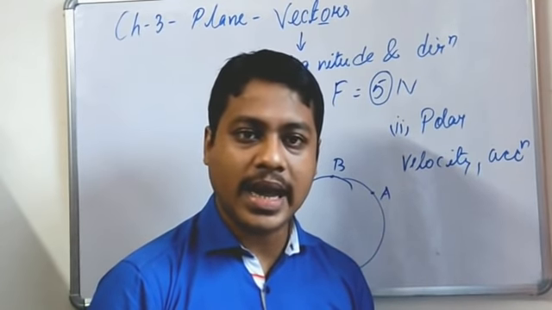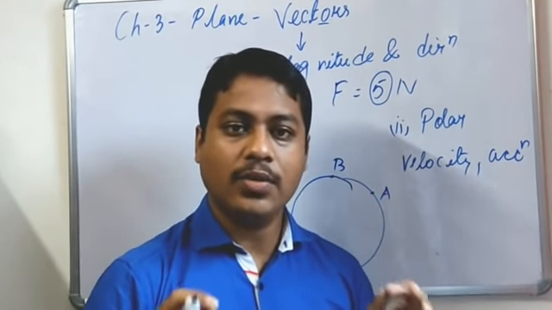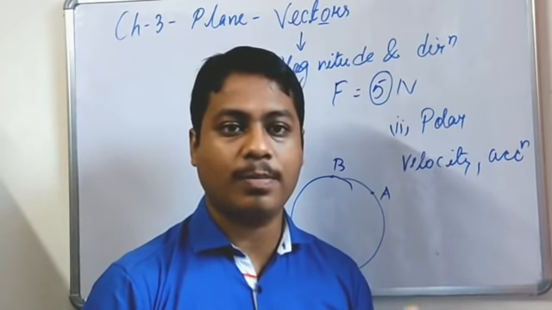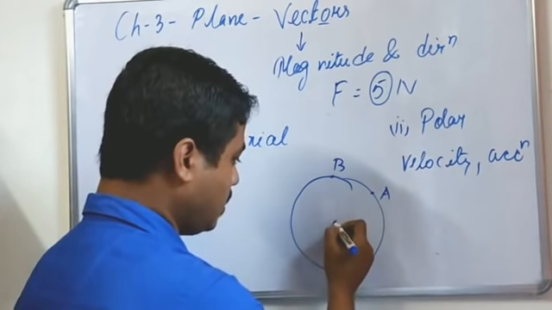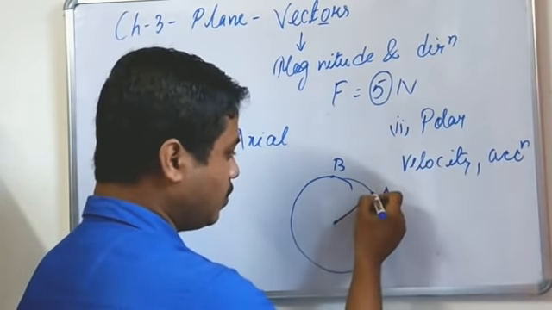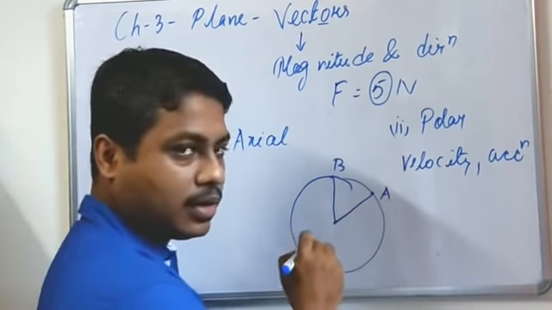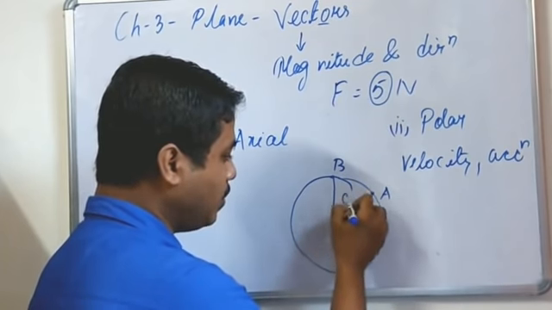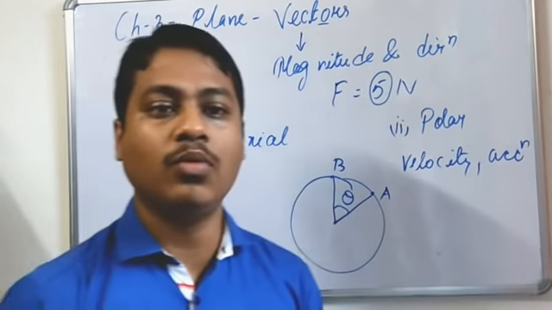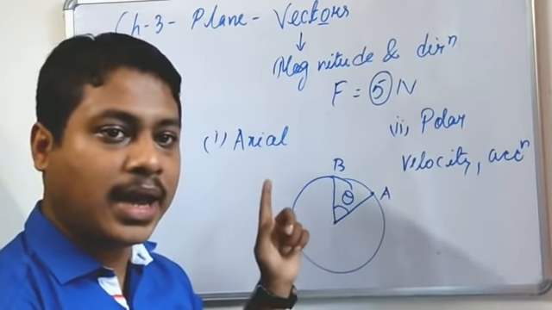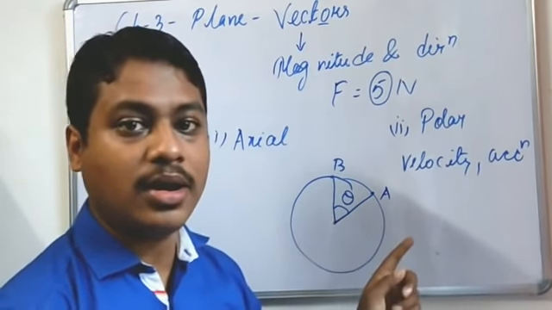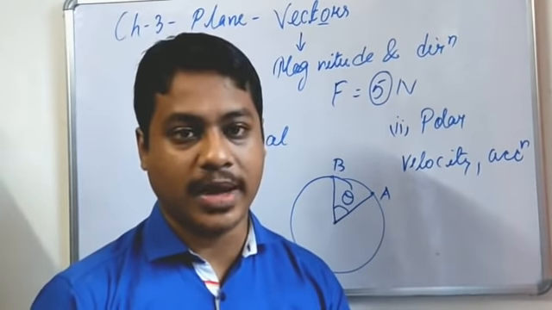For calculating that distance or displacement, we need to find it with respect to the center. Suppose this is the center and the person is moves from here to here. This can be calculated only by using the angle, how much it has moved. This theta is nothing but an axial vector, and this is your angular displacement.